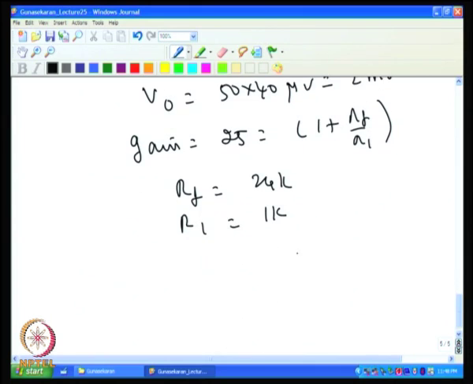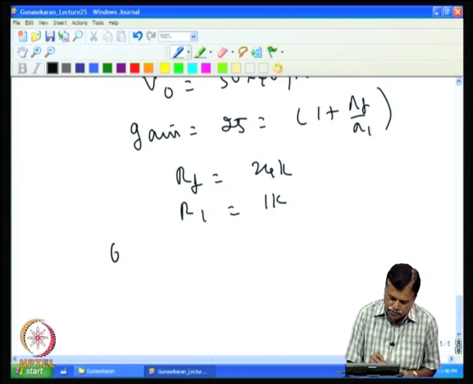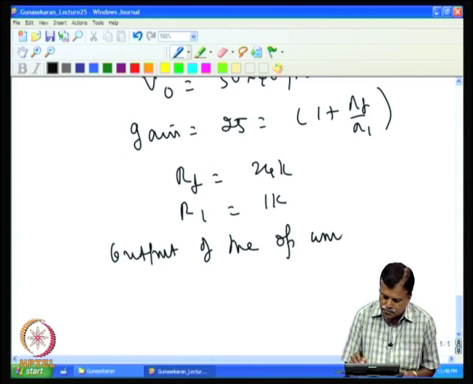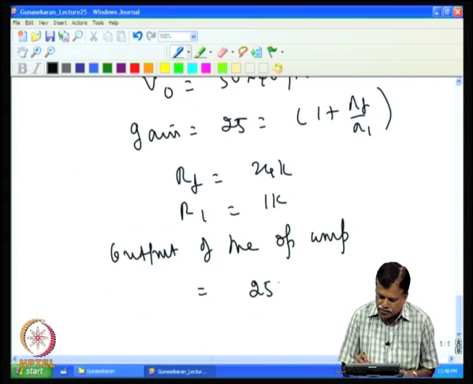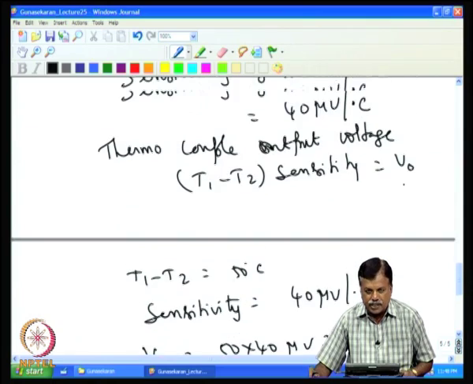So, the output of the op amp will become 25 into 2 millivolt, that becomes 50 millivolt. This is what one can expect in the ideal op amp case.